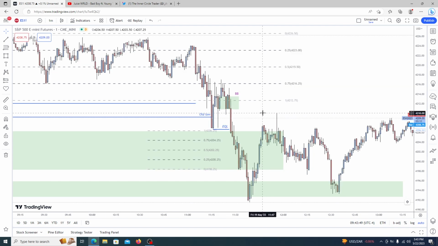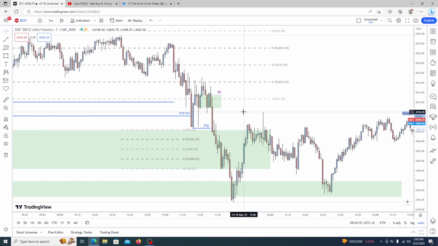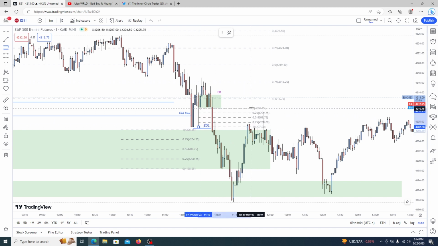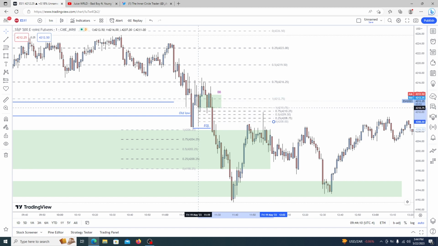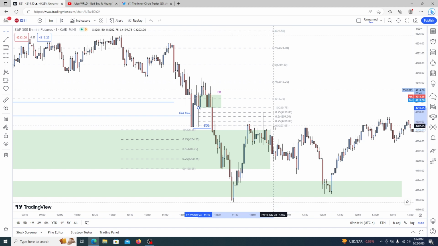Now, a second entry point to this trading idea would be if, for instance, we were looking at this wick and we measure this wick and we look at the 50%, which is right over there.